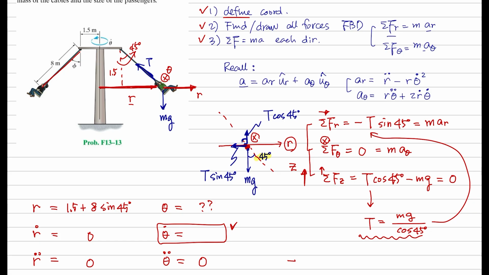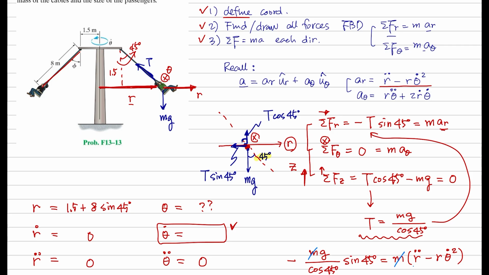So minus mg over cosine 45 degrees times sine 45 degrees is going to be m times a of r, and a of r is given like that. So it's r double dot minus r theta dot squared. And from this equation, we can easily get rid of this m.